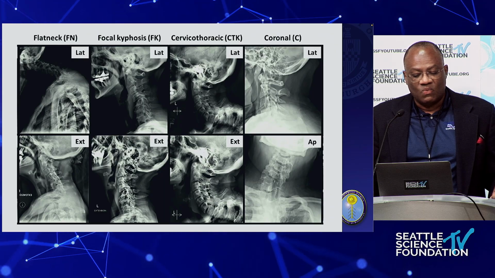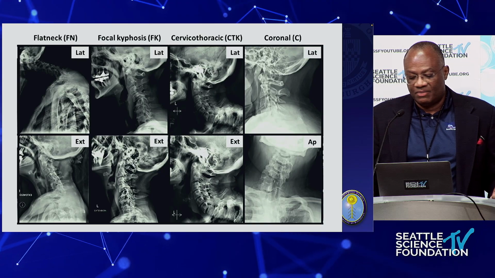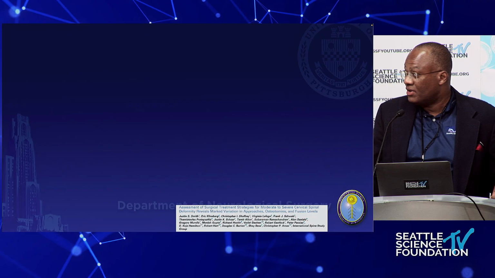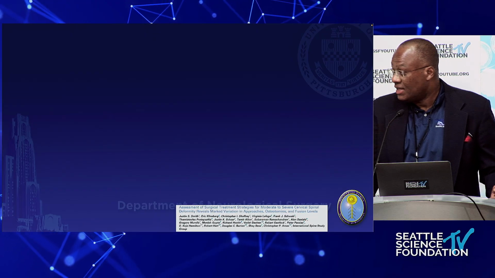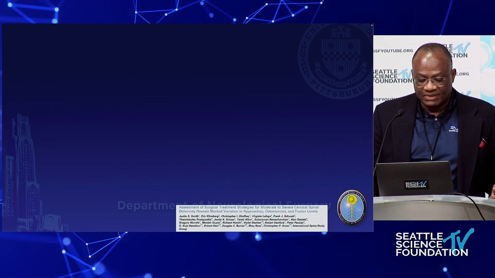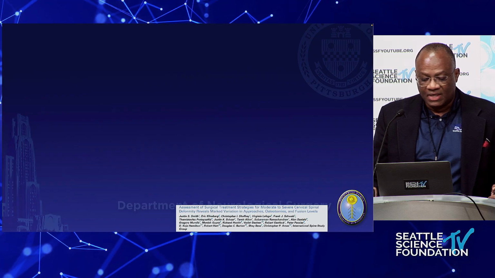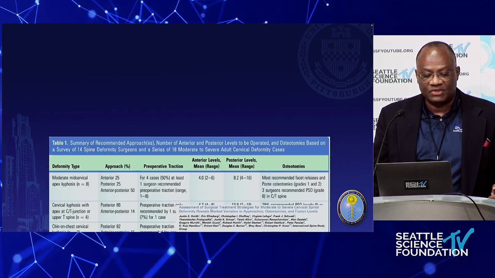So what would I think would be the best way to do it? And I kind of look back at this paper from the ISSG, and it's always a great assessment of surgical treatment strategies for moderate to severe cervical deformity. And there is some variation in how we do it, right?